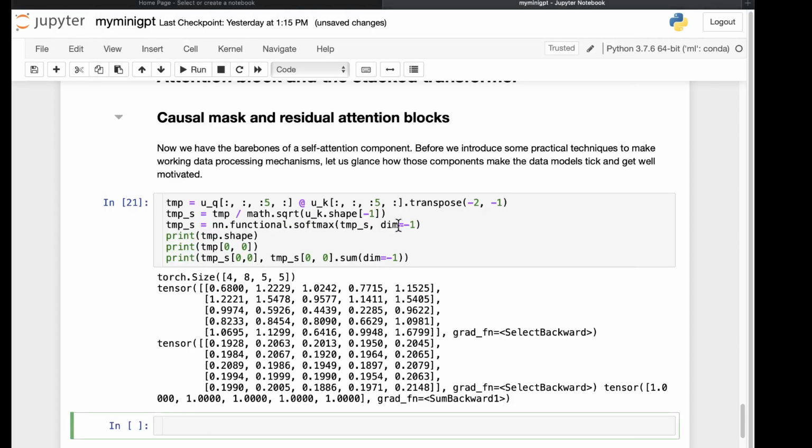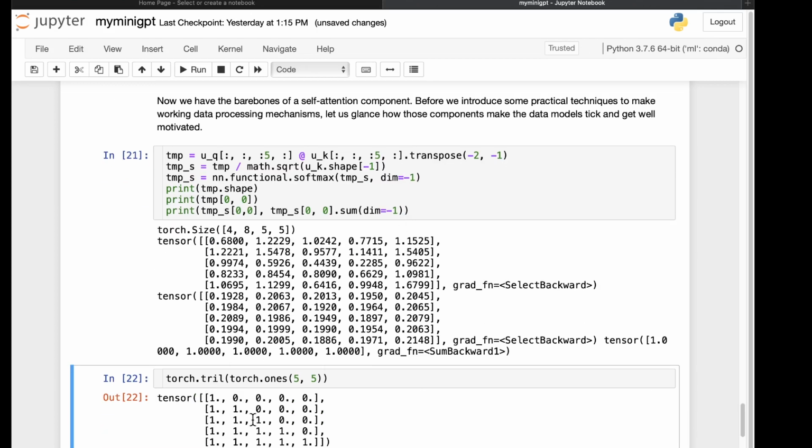PyTorch provides us a functionality of triangular matrices, and this will take the lower part of the triangular matrix and fill it with ones. This should be 50 by 50, but here, just for example, we take 5 by 5. Let's see what we have. Yes.